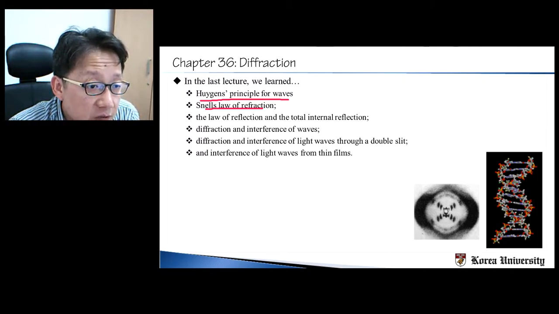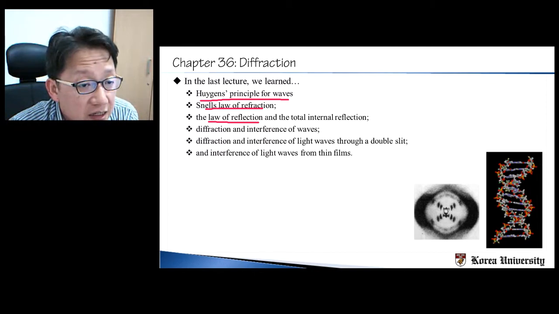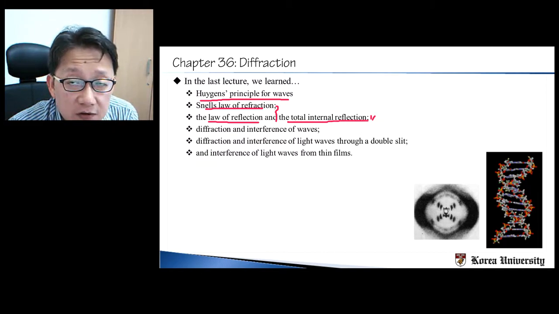We also learned the law of reflection, which simply means that the reflection angle is equal to the incident angle. By combining these two, we learned total internal reflection. This is a very important phenomenon, so please make sure you understand it.